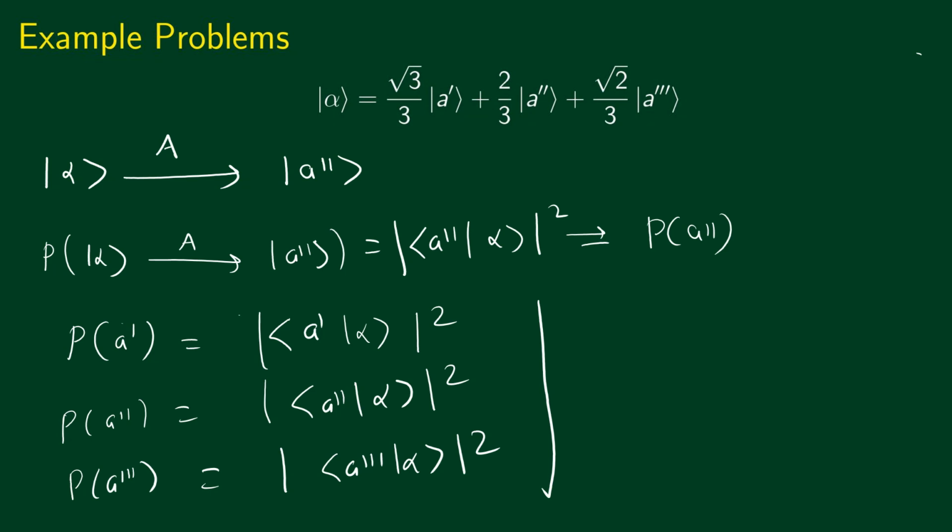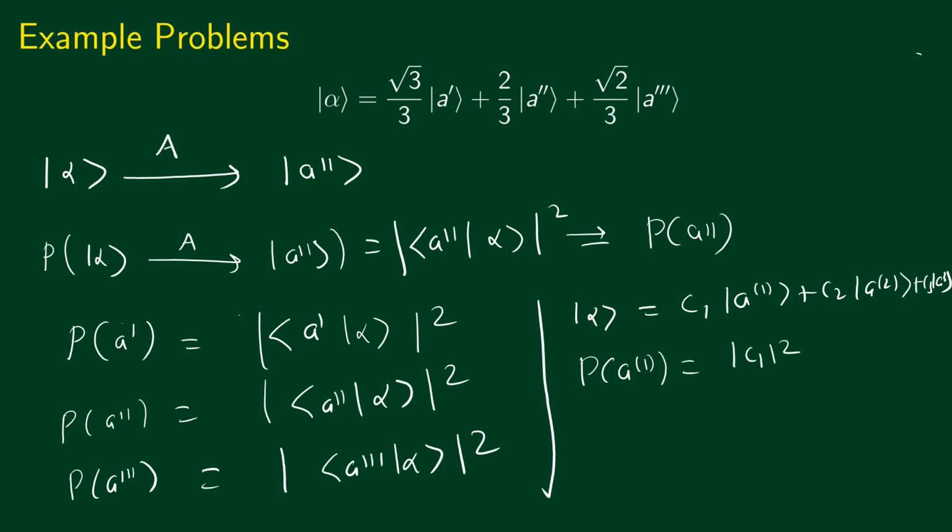So in general, if you are given the expansion of the ket in terms of the eigenkets of an observable, let's say C1 ket A1 plus C2 ket A2 plus C3 ket A3, assuming that the state is normalized, the probability of measuring A1 is equal to modulus C1 square. The probability of measuring A2 is modulus C2 square. The probability of measuring A3 is equal to modulus of C3 square.